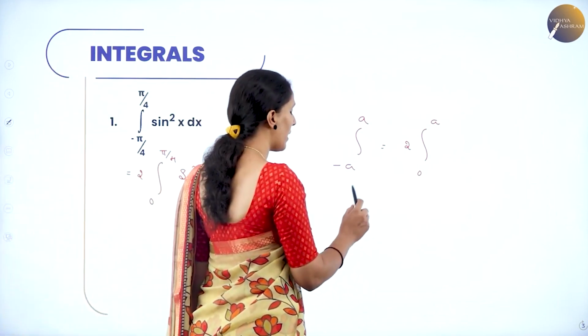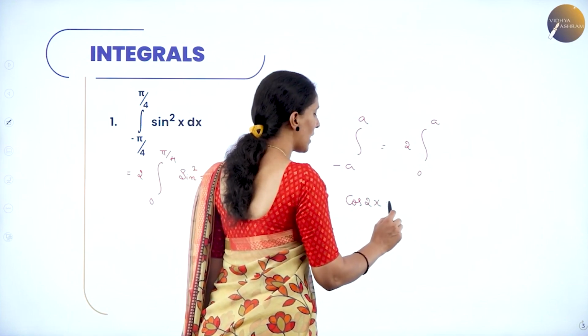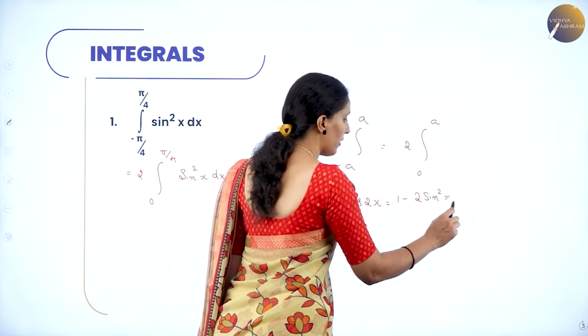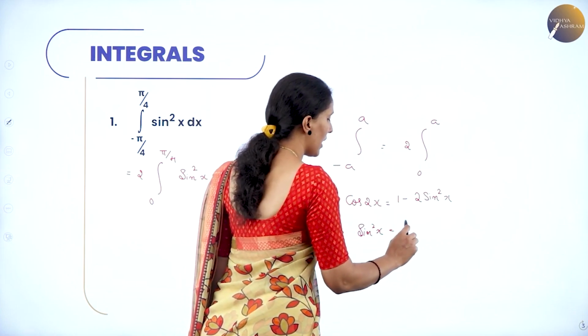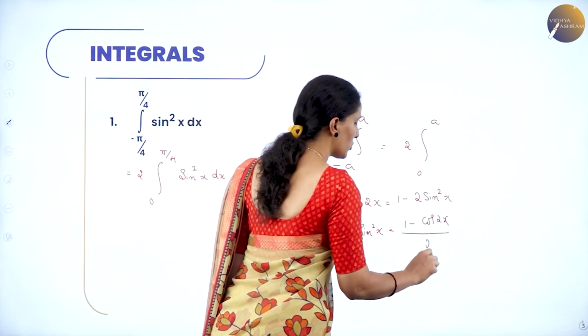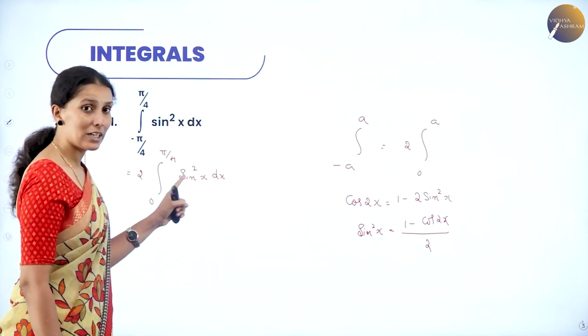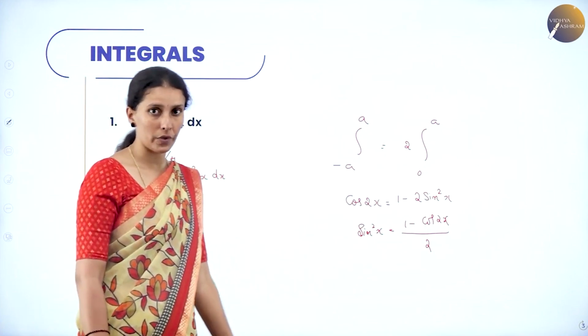We know from the multiple angle formula that cos 2x can be written as 1 minus 2 sine square x. So if you need sine square x, it can be written as 1 minus cos 2x whole divided by 2. Because I don't know the value of the integral for sine square x, but I can convert it into the form of 1 minus cos 2x by 2.